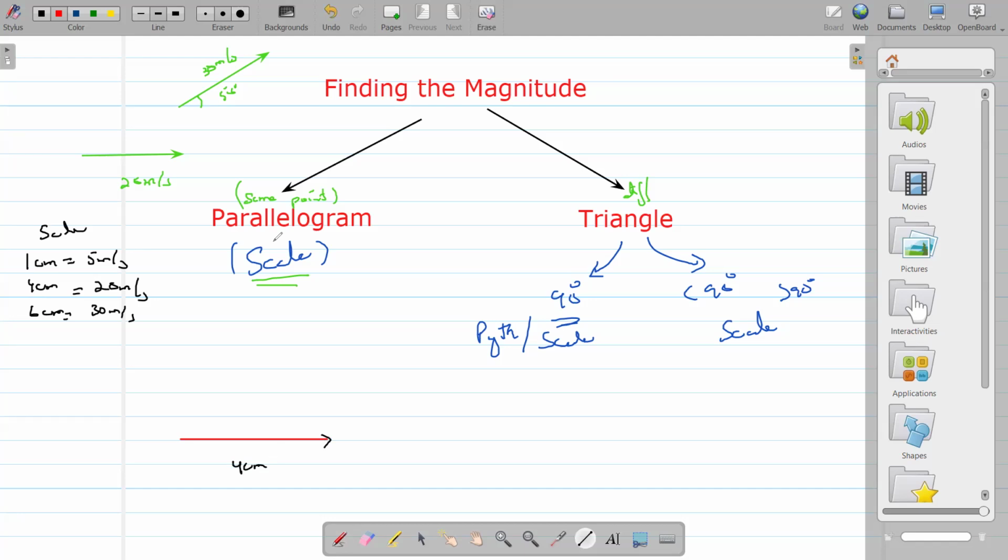Okay. Now the second vector makes an angle of 50 degrees. So you have to use a protractor.